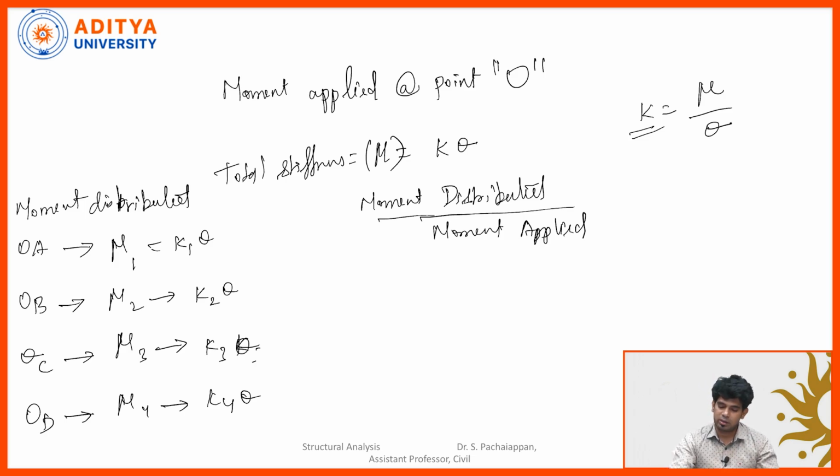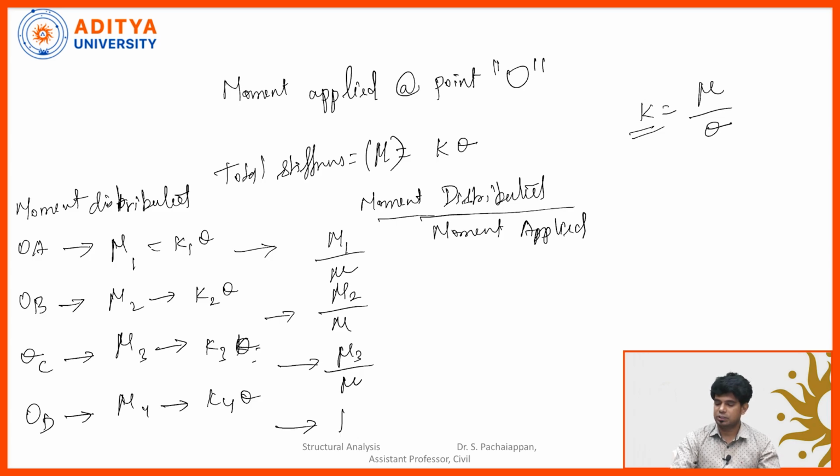Okay, so what is the moment distributed? Distributed moment is mu1 divided by applied moment mu for this case, and for this case the distributed moment is mu2, applied moment is mu. For this case the distributed moment is mu3 and applied moment is mu. In this case the distributed moment is mu4 and then applied moment is mu.